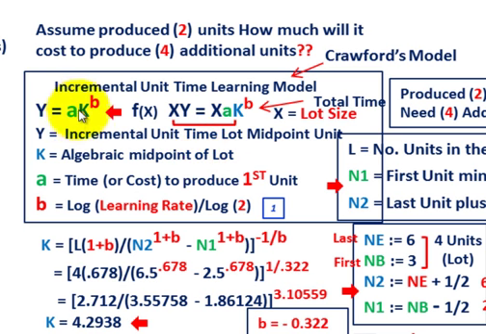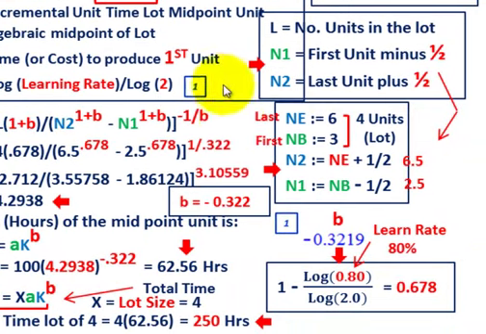K is the big item when you're talking about this incremental unit time learning model, and this K is raised to the exponent B. For these learning curves, B is really the log of the learning rate divided by the log of base 2. So let's determine our B exponent. For our problem, we're working with a learning rate of 80%.